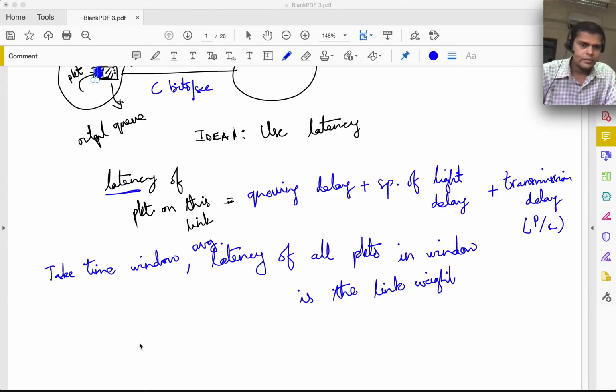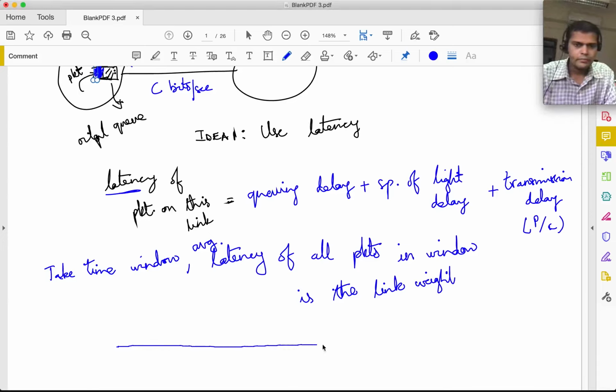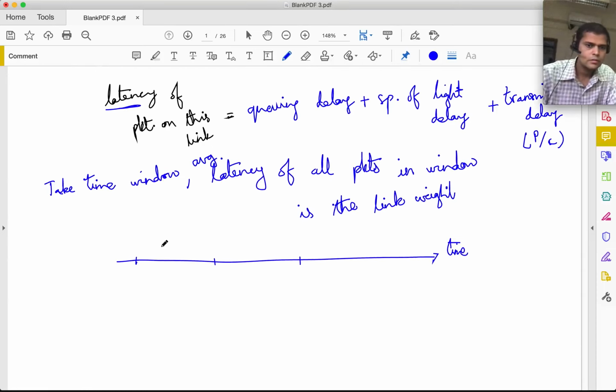So what this means is that over time, let's say we divide it into particular windows, and there are many packet arrivals at that particular queue.